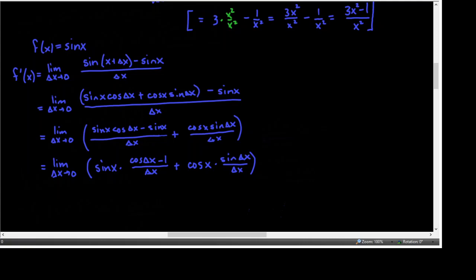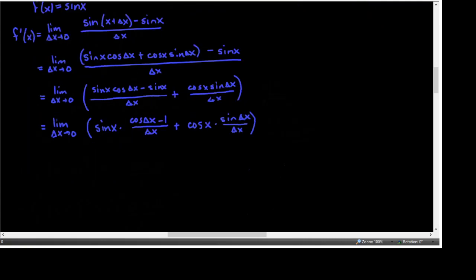All right, the next stage is to remember the property of limits that the limit of a sum is the sum of the limits, and the limit of a product is the product of the limits.